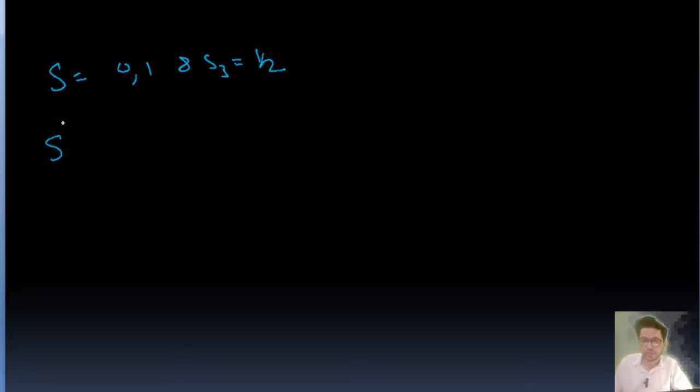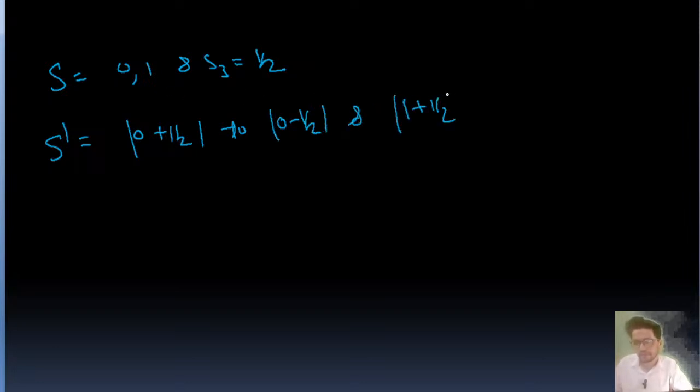Okay. So S dash is going to be, first we will take with 0, right? 0 plus half mod 2, 0 minus half mod, and for 1, 1 plus half 2, 1 minus half mod.